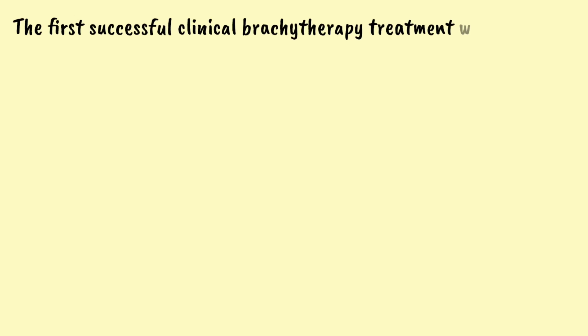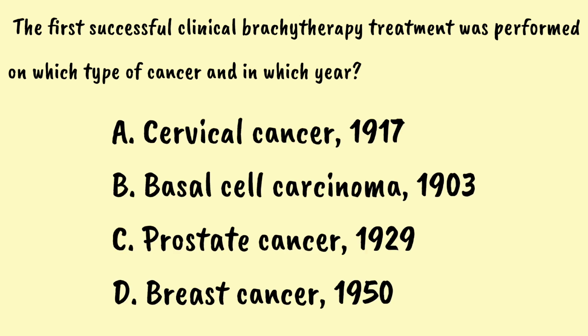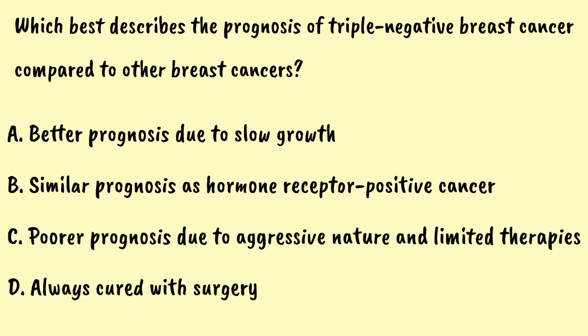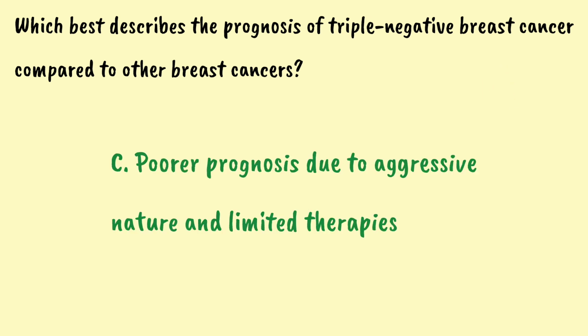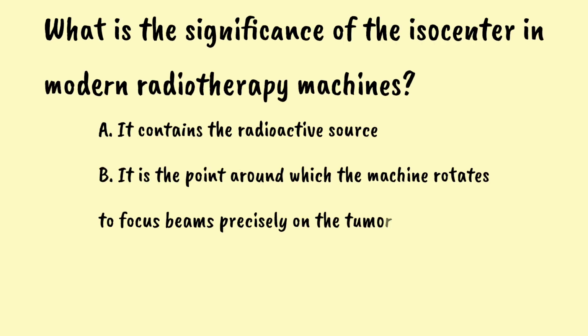The first successful clinical brachytherapy treatment was performed on which type of cancer and in which year? Which best describes the prognosis of triple-negative breast cancer compared to other breast cancers? What is the significance of the ISO center in modern radiotherapy machines?